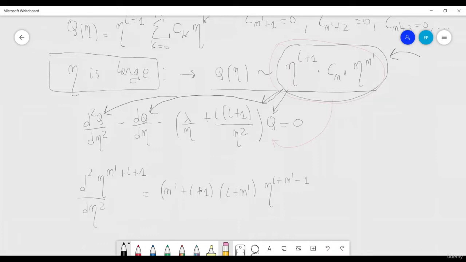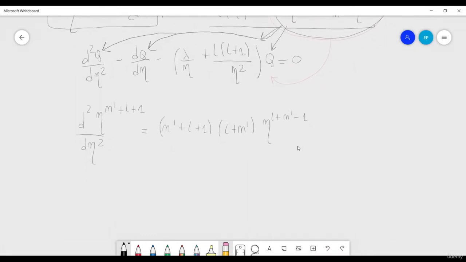And this is the second derivative, and then we have the first derivative, d of eta to the n prime plus L plus 1 with respect to eta, and this is just n prime plus L plus 1 times eta to the power n prime plus L, right? Yes.